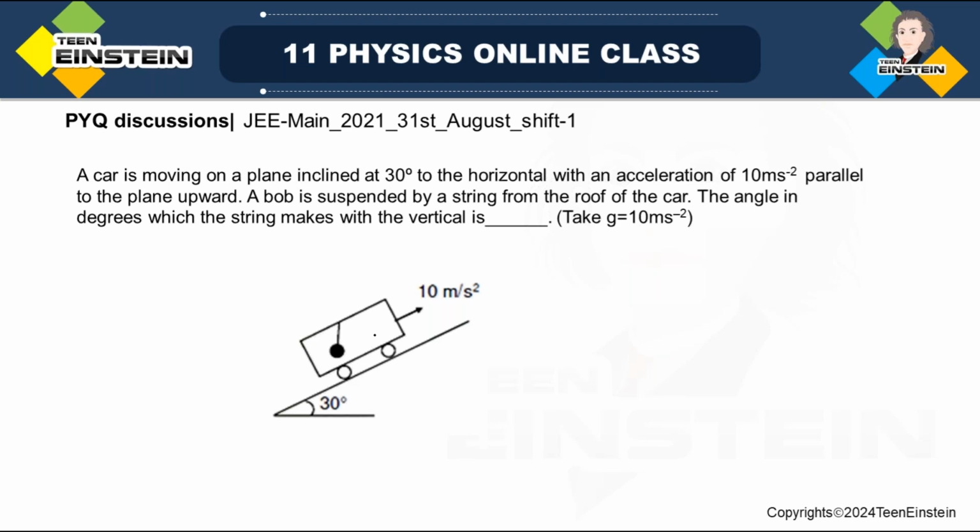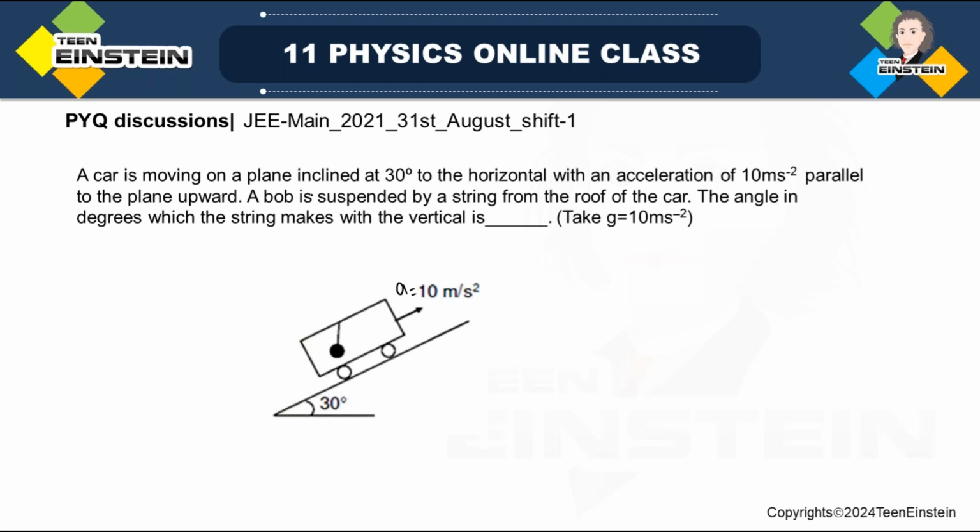See, this is a car. You can see that a car is moving upwards, parallel to the plane. Car is moving along this inclined plane in the upward direction with an acceleration. This is A. So this acceleration is 10 meter per second square. And inclination of this plane is 30° with the horizontal.